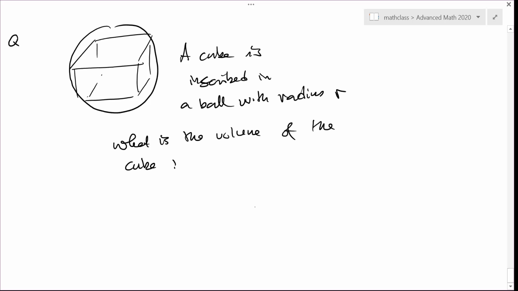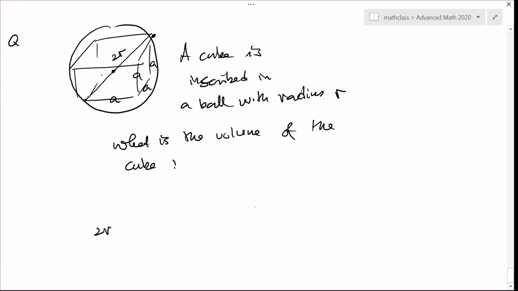The edge length of the cube expressed in terms of radius r. So that's the a, right? You see, the diagonal of the cube is the diameter of the sphere. So this will be actually 2r. Do you agree? Then you're done.